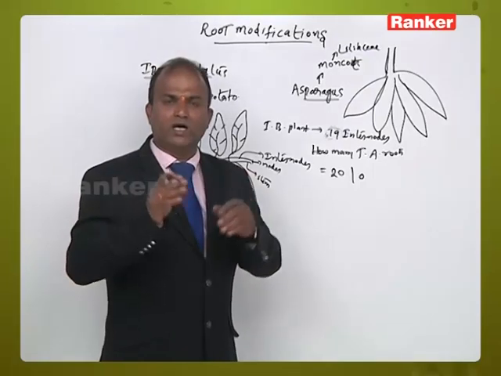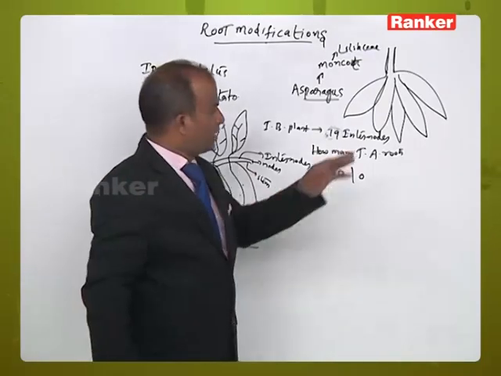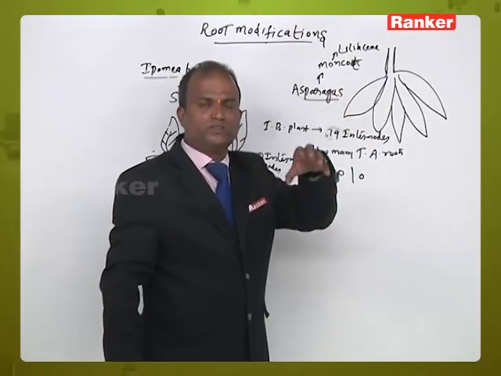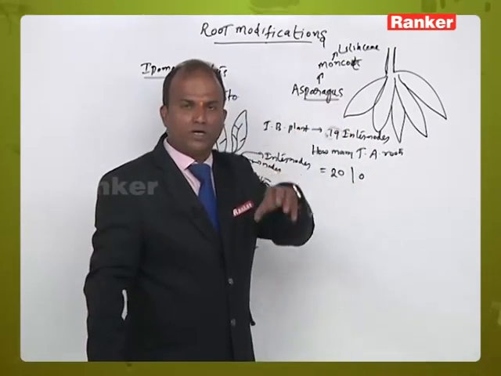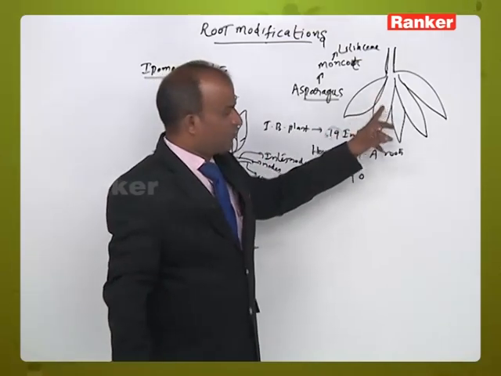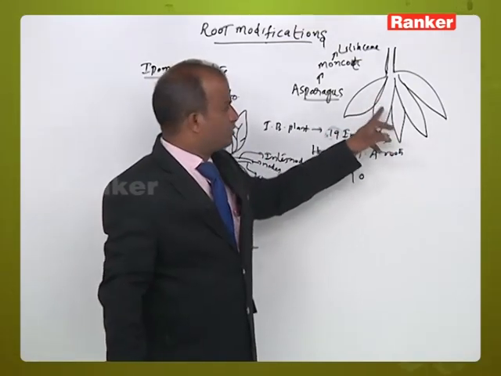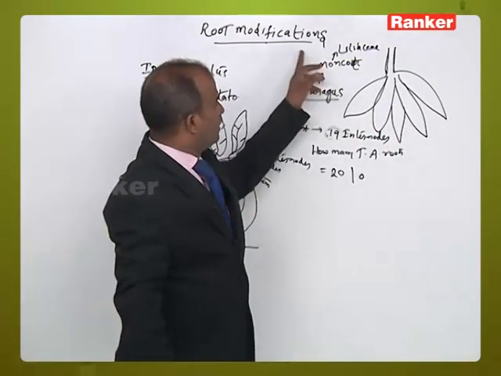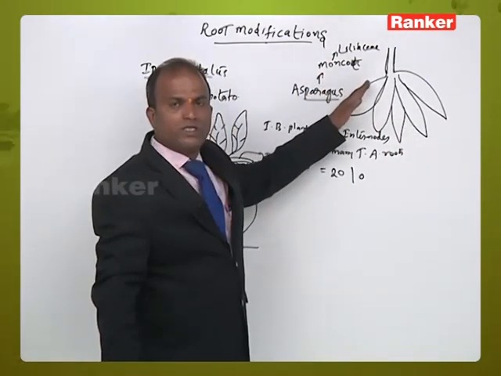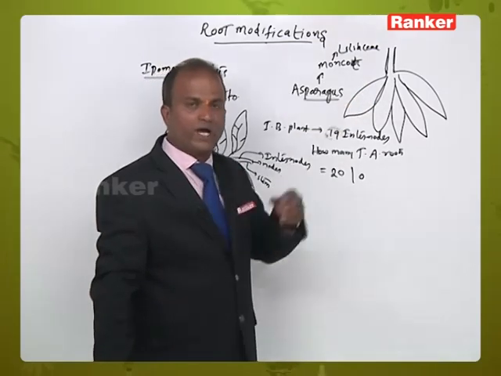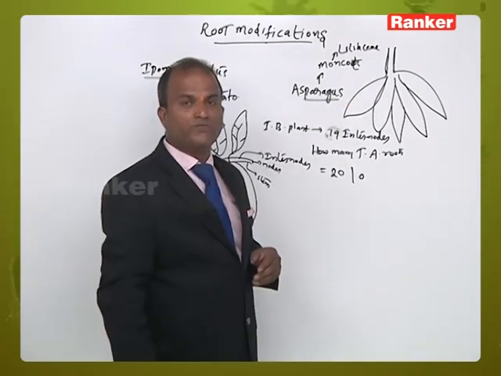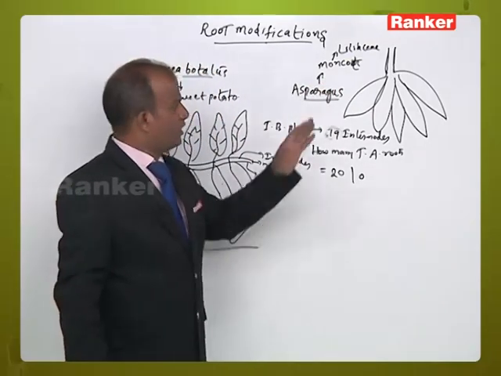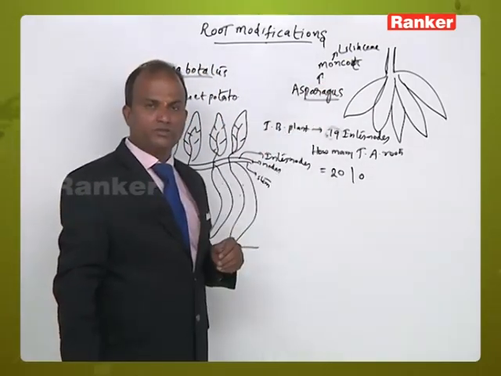Cluster or fasciculated fibrous roots can be seen due to the storage of food materials. This cluster of fibrous roots develops into cluster of fibrous tuberous roots. That means cluster or fasciculated tuberous fibrous roots can be seen only in asparagus. So we completed asparagus now.